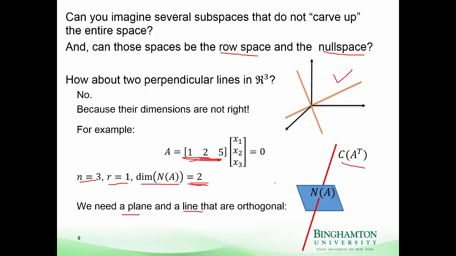I don't know how good a job I did, but that was kind of my intent. So we're starting to see here that there's certain constraints that arise on these spaces. We're starting to see that they're orthogonal to each other, but there's something even more than that.